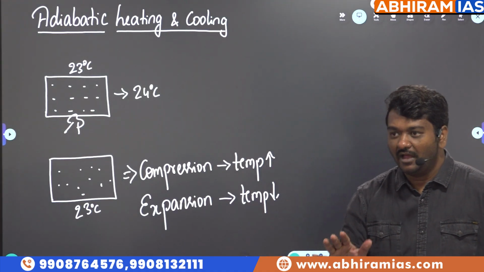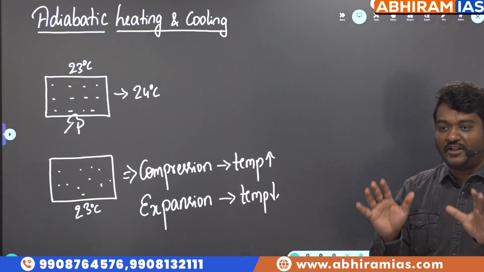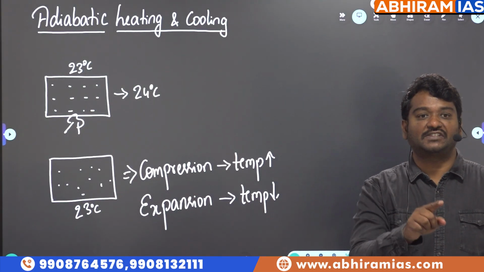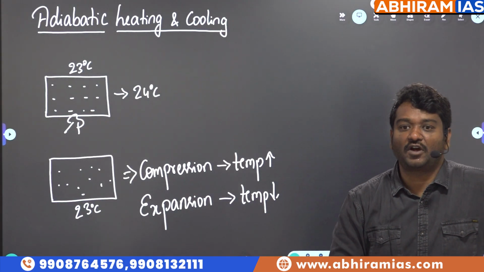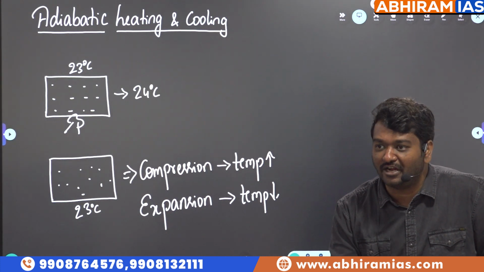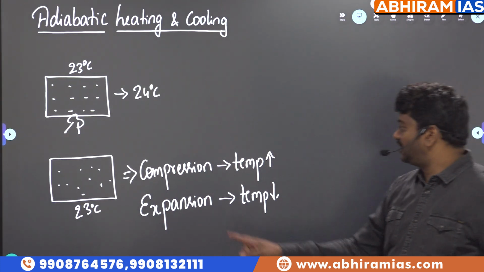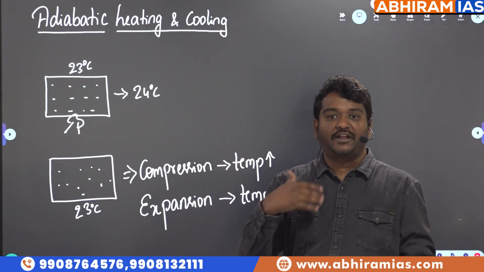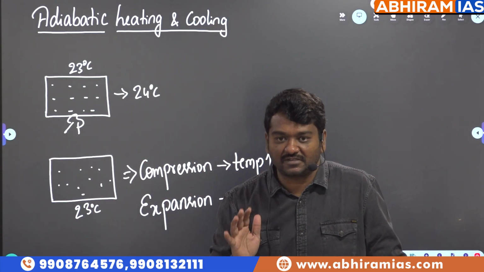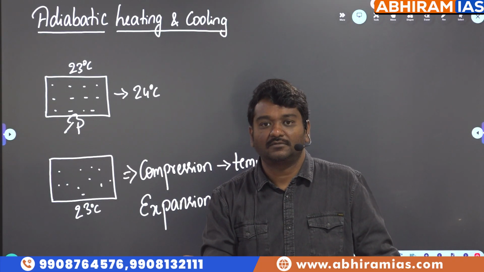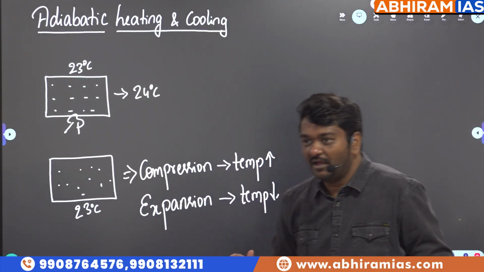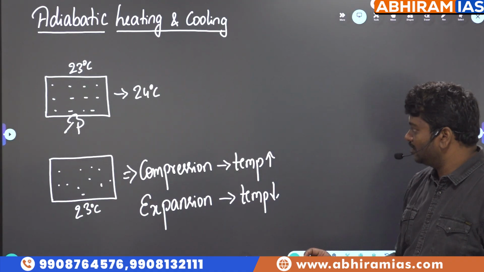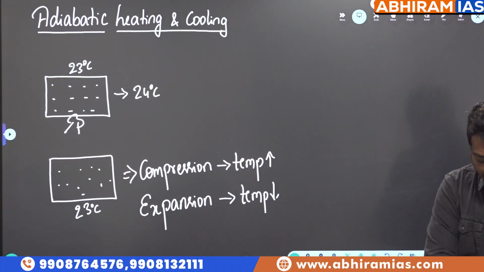Now, what is the point? In nature, anywhere, if temperature increases or decreases without providing external heat, then it is called adiabatic heating and cooling. Without providing external heat, if I compress or expand, temperature increases or decreases. That leads to a change in temperature. So, you write a line below.